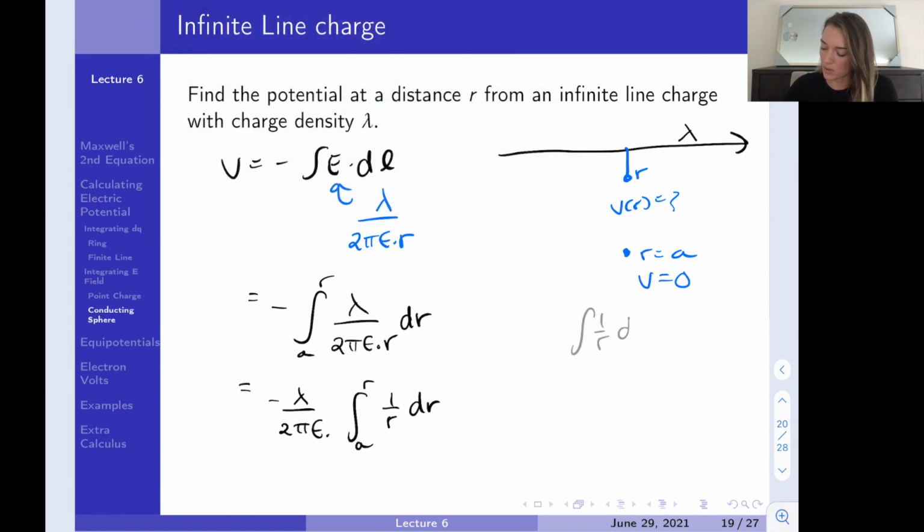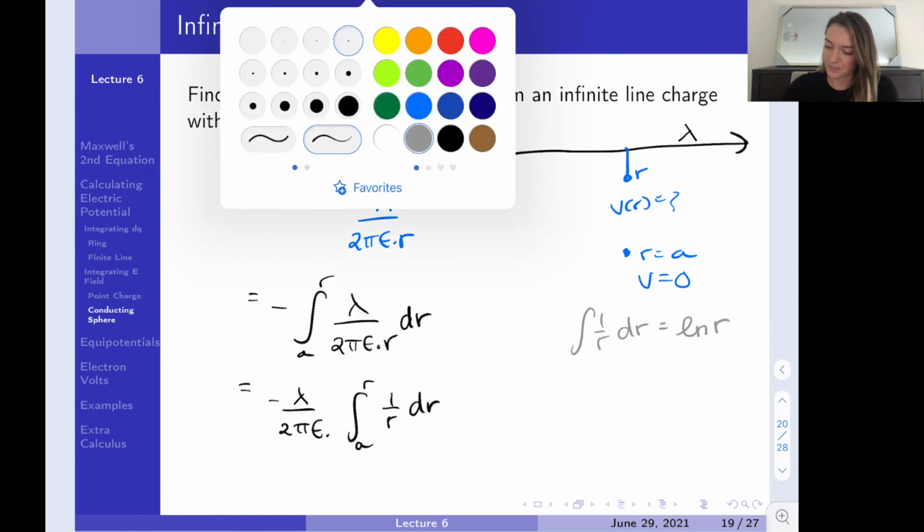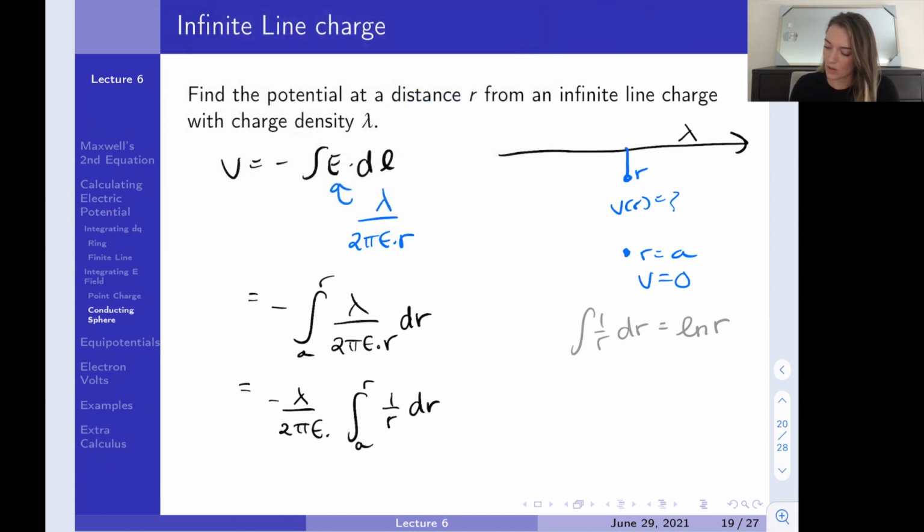Well, the integral of 1 over r is just ln r. So this integral becomes ln r evaluated from a to r, which is ln r minus ln a, which I can write as a division: ln of r divided by a.